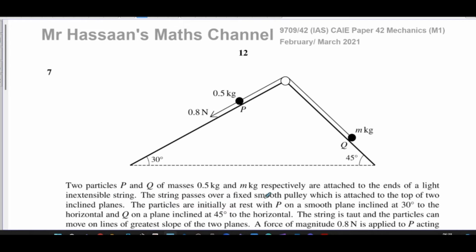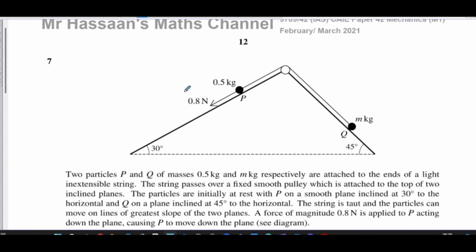The string passes over a fixed smooth pulley, which is attached to the top of two inclined planes. The particles are initially at rest with P on a smooth plane inclined at 30 degrees to the horizontal, and Q on a plane inclined at 45 degrees to the horizontal. The string is taut and the particles can move on lines of greatest slope of the two planes.